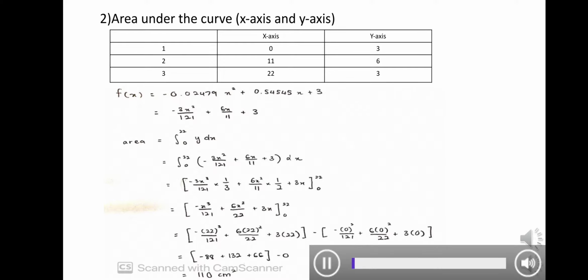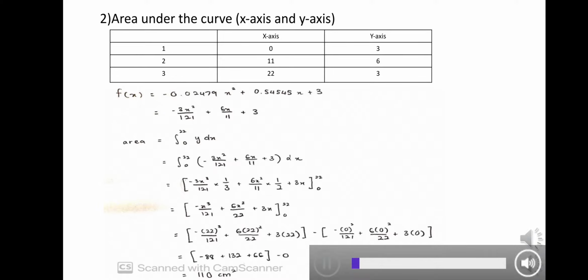To solve problem statement number 2, this is where the integration is applied by the designer. To find the area under the curve, we can use integration on the equation. Integrate the equation, which is -3x²/121 + 6x/11 + 3.